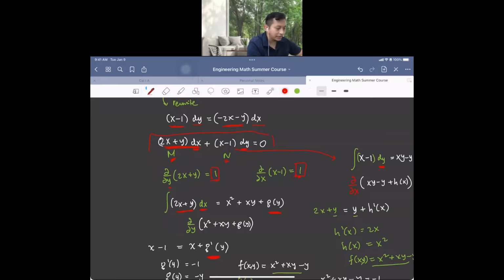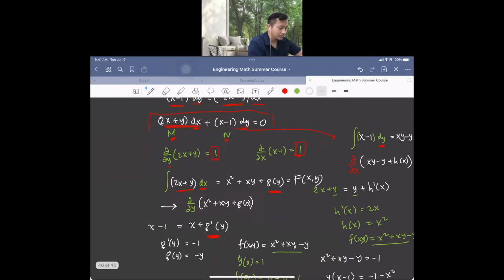Now we have this, let's say we imagine that this becomes our function f(x, y). Now suppose that we are going to partially differentiate with respect to y. This is what we have here. And when we differentiate this with respect to y, it will become just x plus g prime(y), because x squared becomes 0.